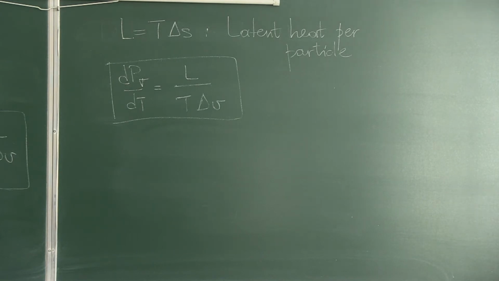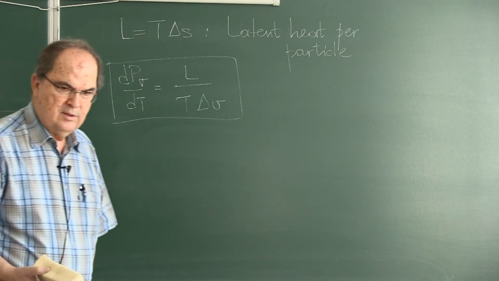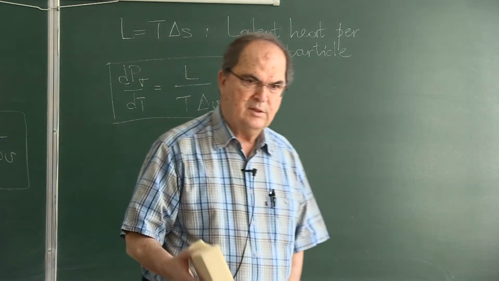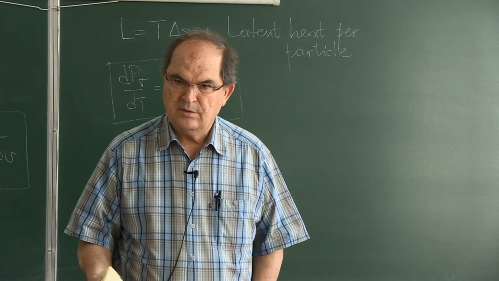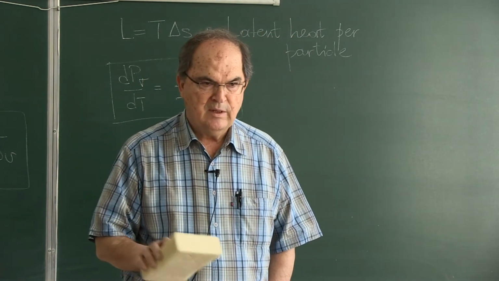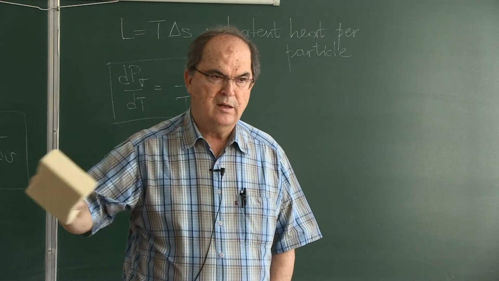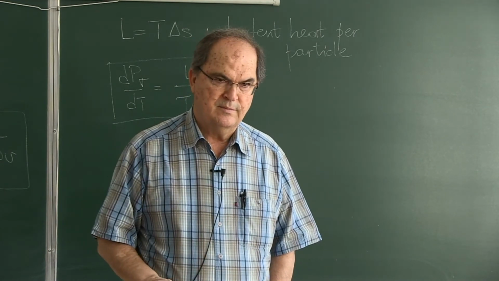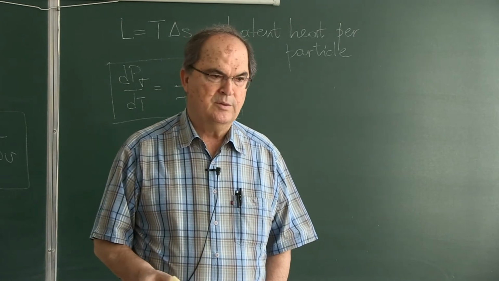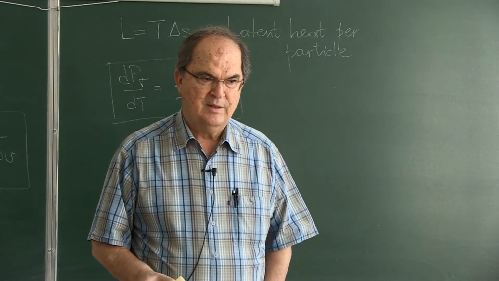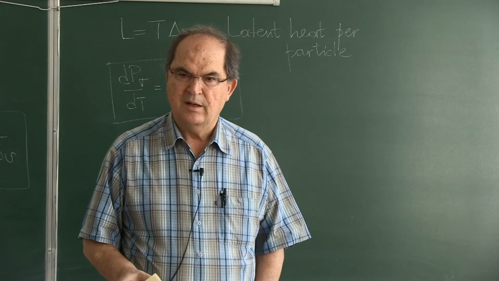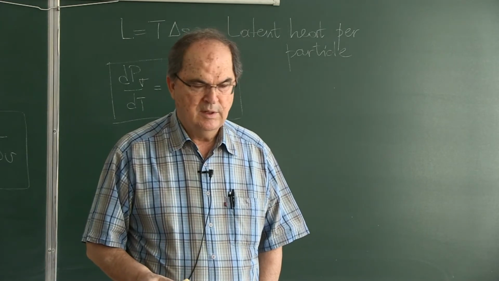What was happening is that there is energy exchange and particle exchange. So this means there must be fluctuations in energy and in number of particles. What are these fluctuations? That's the last question we are going to answer.